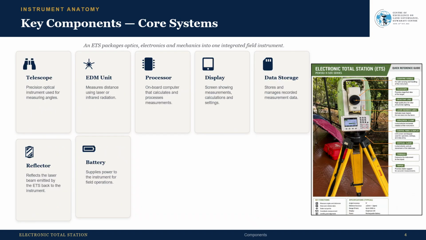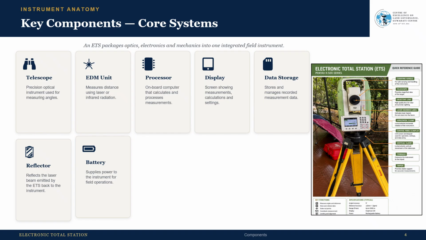Let us now look at the major components of an electronic total station. The telescope is used to precisely sight the target. The EDM unit measures distance by transmitting electromagnetic signals, such as infrared or laser-based signals, towards the target. The processor acts as the computational center of the instrument. It processes measurements and performs the necessary calculations.